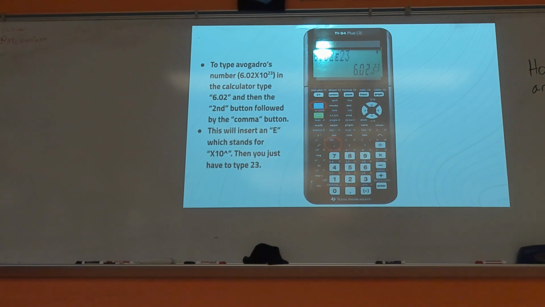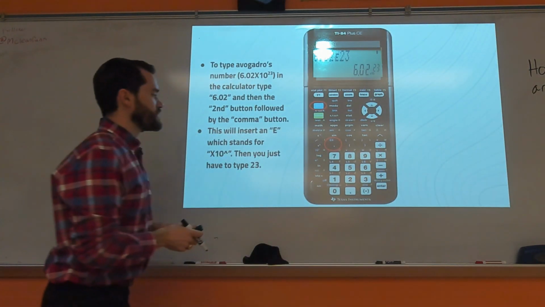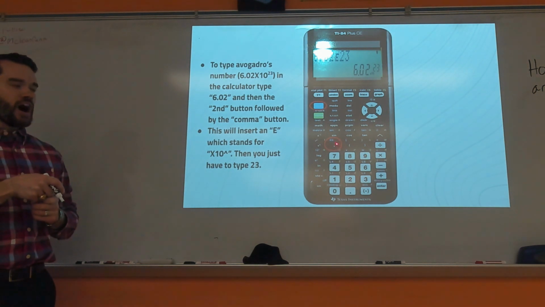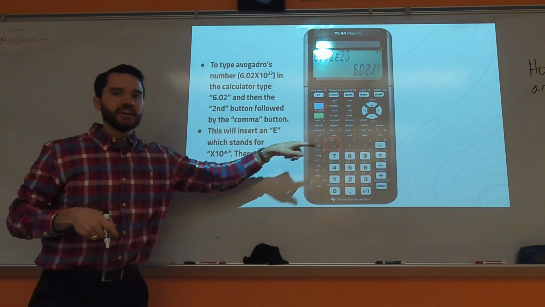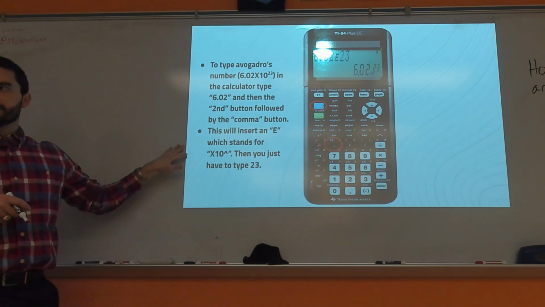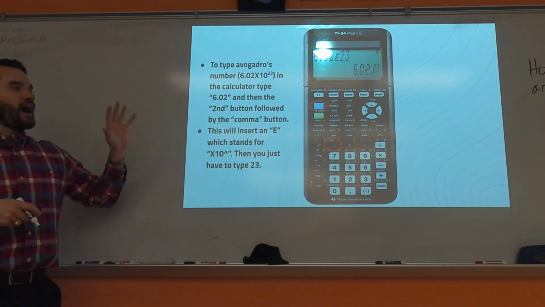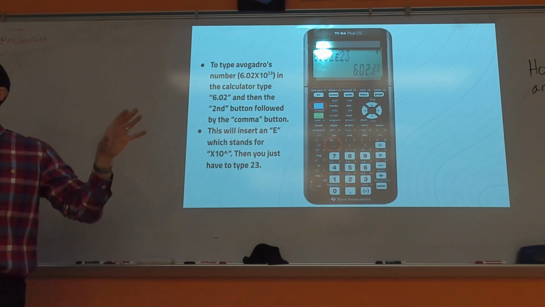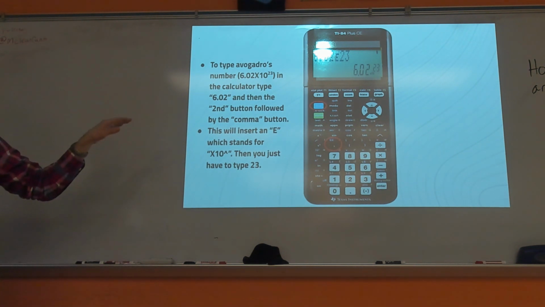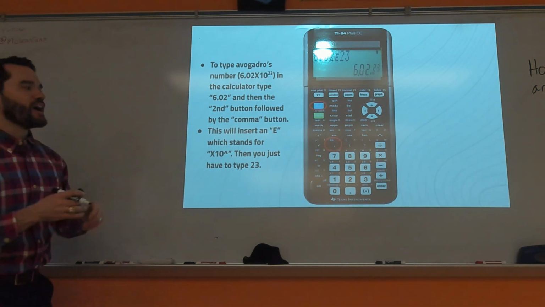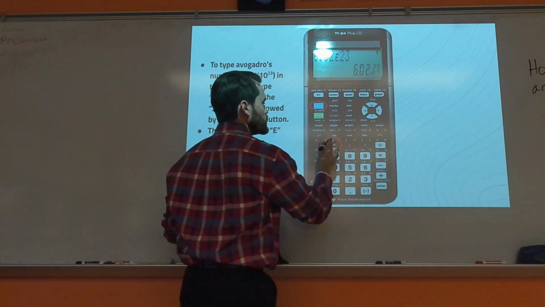So to type 6.02 times 10 to the 23rd, to get to the E, you press second, comma, and that will give you the E, which is times 10, and then you type 23. I'll go through individually if that's confusing. It can be a little different for different calculators, but you press second, and then the comma button. You're trying to access these blue numbers.